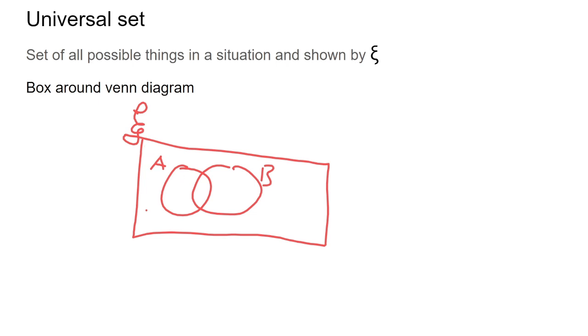So for example, if the universal set was integers from 1 to 20, say 1, 2, 3, and so on till 20, then we know there's 1, 2, 3 in B, 4 in both A and B. So there's 1, 2, 3, and 4 in A and B. Then there's 5, 6, 7 here.